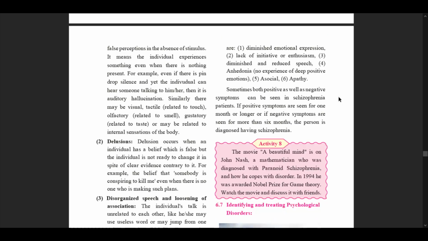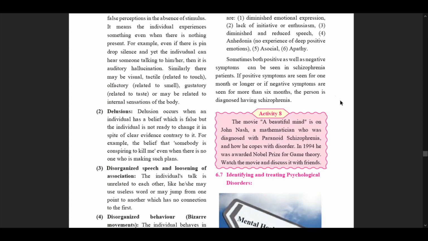Then we move forward to delusions. Delusion occurs when an individual has a belief which is false, but the individual is not ready to change it in spite of clear evidence contrary to it. For example, the belief that somebody is conspiring to kill me even when there is no one who is making such plans. So this is more of a red flag or an indicator that shows that a person is having issues.